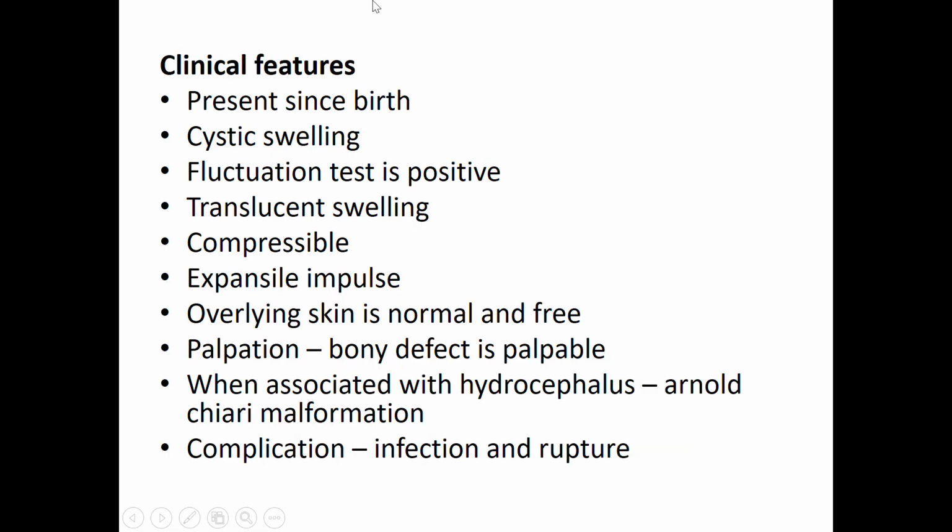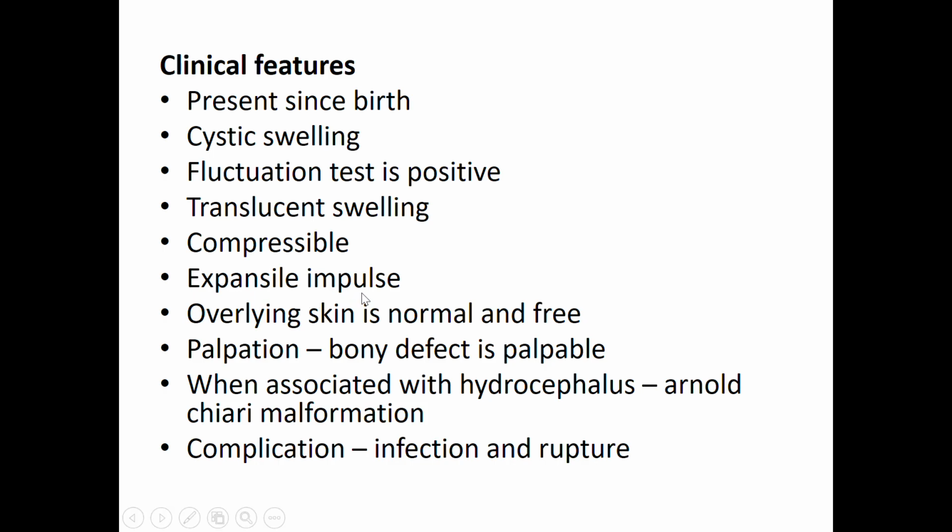Now, the clinical features: again, this is present since birth, and it is a cystic swelling because it's just a fluid-filled swelling. Fluctuation test is positive, that is, if you hold the swelling, it moves around. It is a translucent swelling, that is, if you project light, it transmits the light. Compressible: if you apply a little pressure, the swelling may reduce.